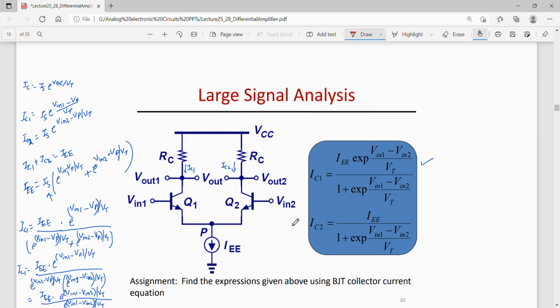So I can find out this Vin1 minus Vin2 from here. Assuming that the entire current flows through one of these two transistors, I can find out the Vin1 minus Vin2 ratio from here. If I find this ratio, it would come to be undefined or infinite.